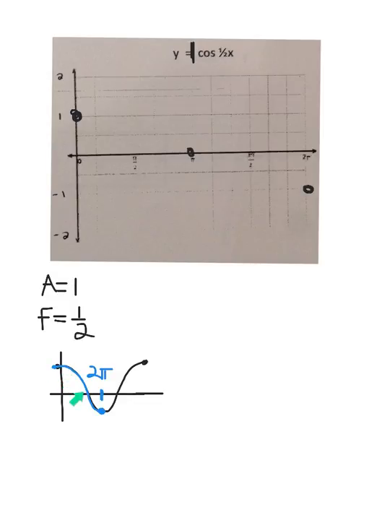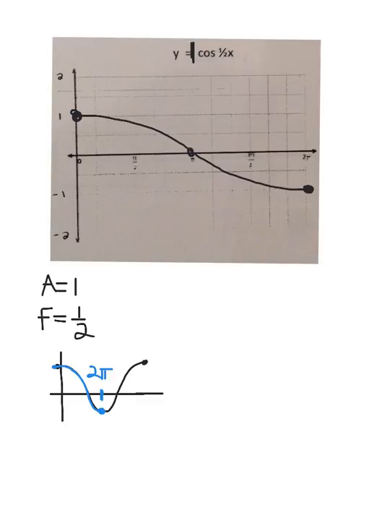So this point right here, which really should probably be over this way a little bit more, is my pi that we see up here. And then look at what happens. We're just going to do the little flare, the best that we can. I know it's stretched out, but that's okay. All right, so there we go. And there's y equals cosine 1/2 x.